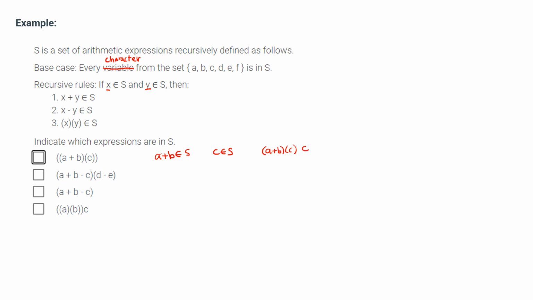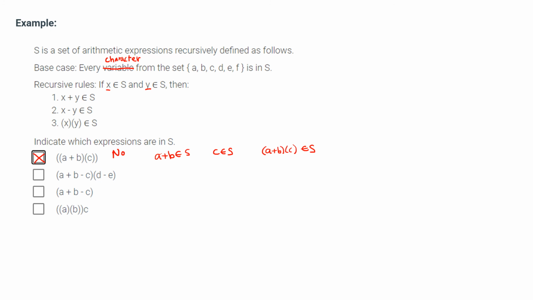So that would be an S. But we can't get that last set of parentheses around there. There's no rule that says you can just slap a set of parentheses around anything. The only way you get parentheses in there is if you're putting it together with something else. So we would say no, that doesn't work.